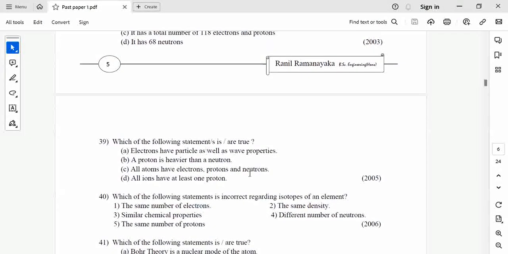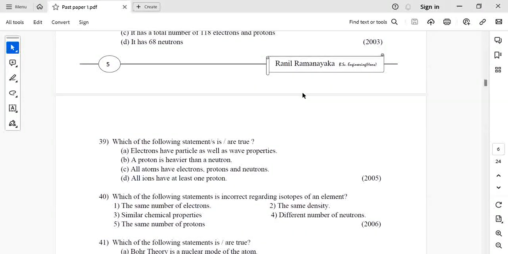39. Which of the following statements is not true? Electrons have particle as well as wave properties. Yes, it is true. Proton is heavier than neutron, but they are nearly the same. B is wrong. All atoms do not possess these three. There are no neutrons in hydrogen.